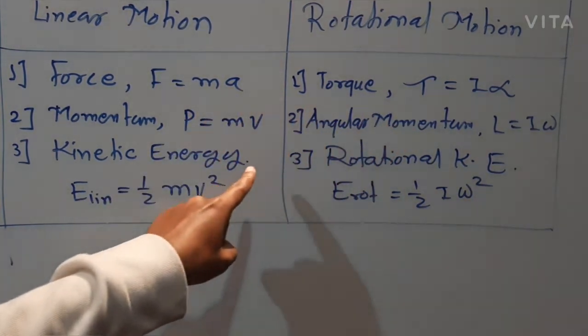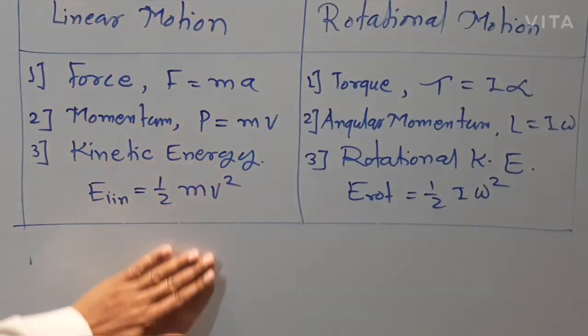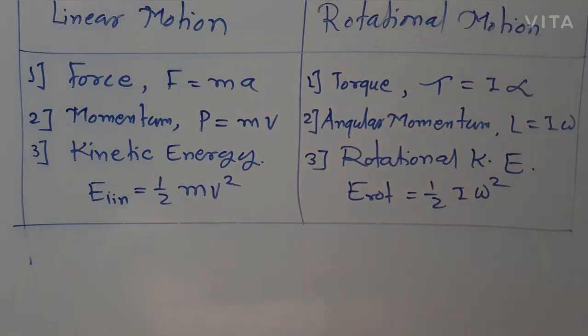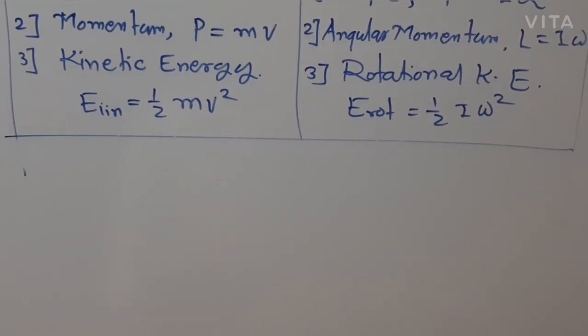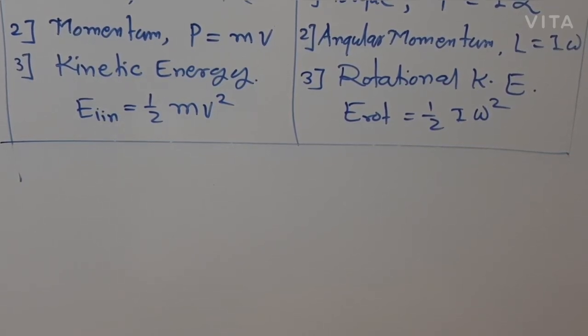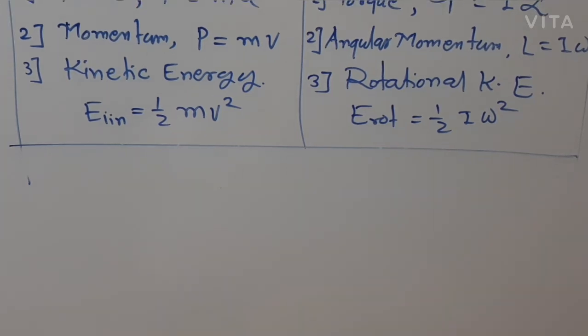This table shows that the role played by mass in linear motion is same as that played by moment of inertia in rotational motion, and it shows that the moment of inertia is analogous to mass.